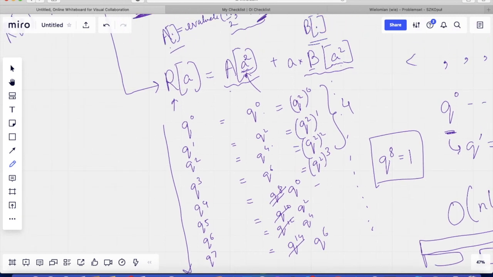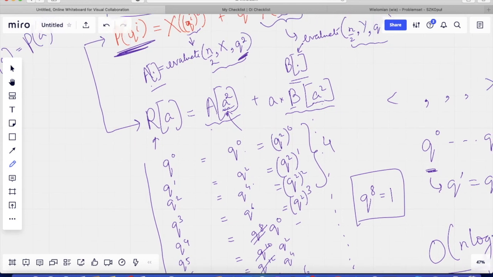So essentially, when you are calling this evaluate function, instead of passing q, you pass q square, so that your array now contains these values, and then you rebuild your answer using just this formula.